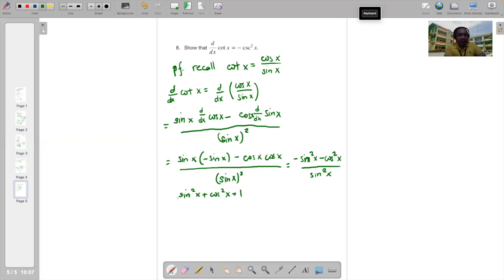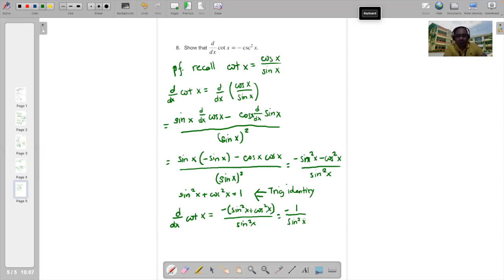So that means the numerator can be rewritten as negative of sine squared x plus cosine squared x, all over sine squared x, which is just the negative of 1 all over sine squared x.